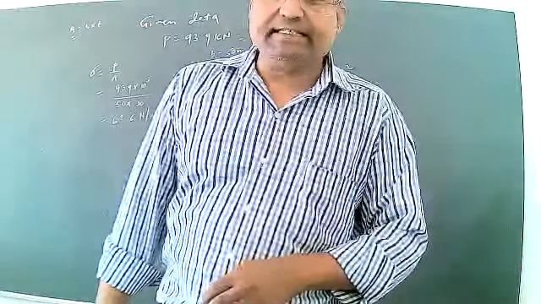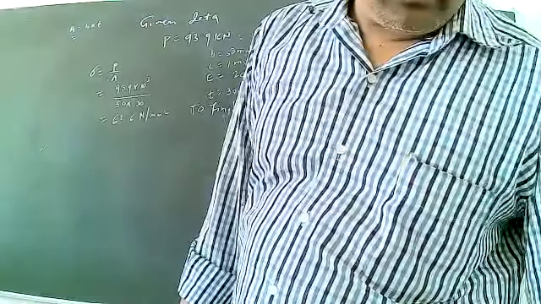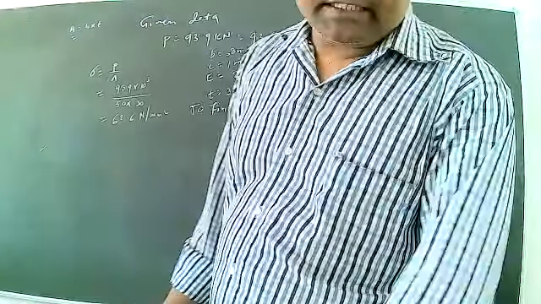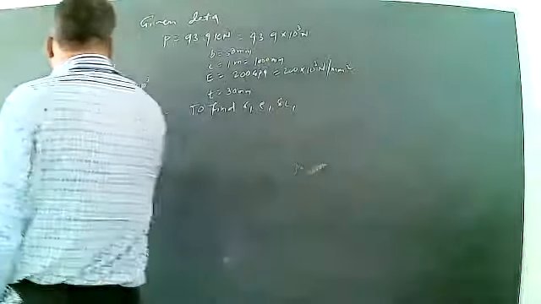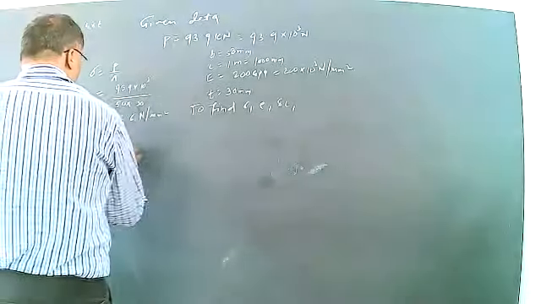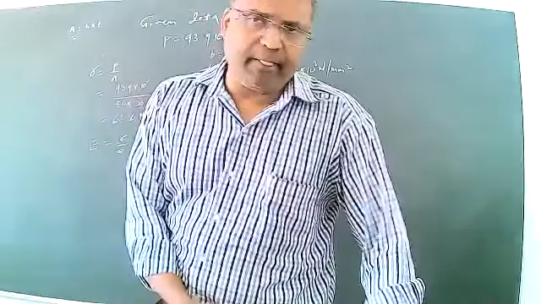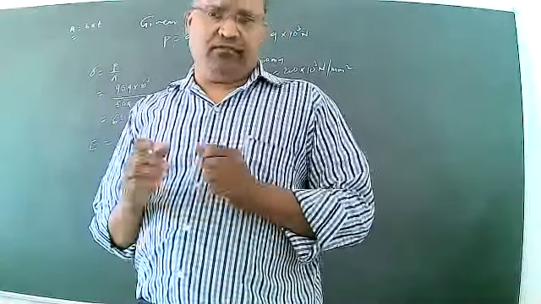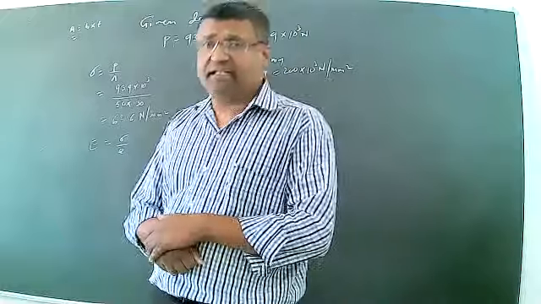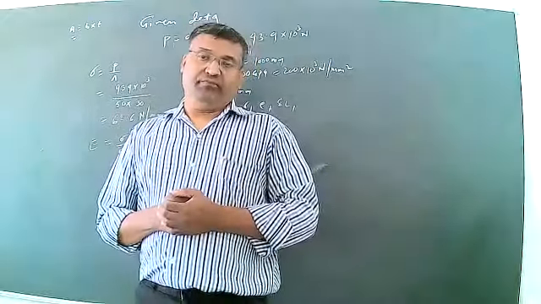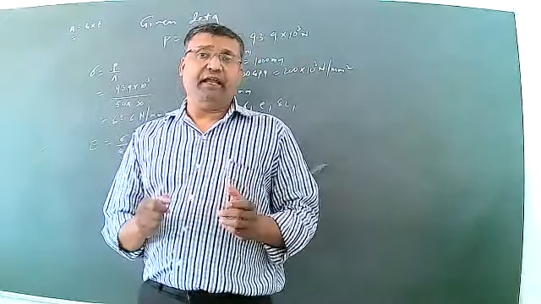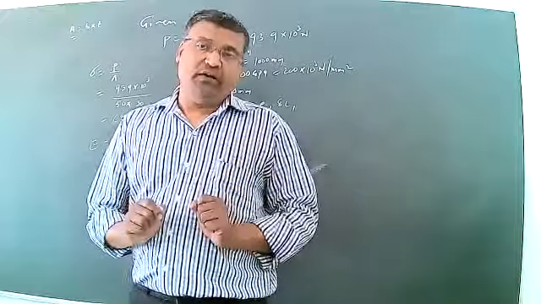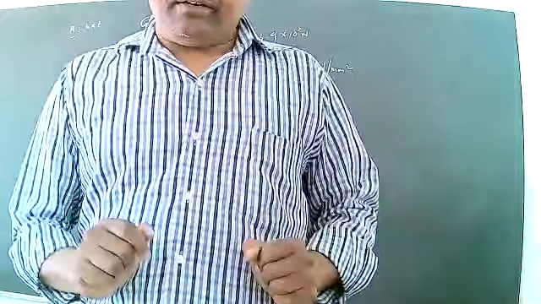Once we calculate stress, then to find the tensile strain, there is a very simple formula of Young's modulus of elasticity. The basic formula for Young's modulus of elasticity, that is E upon small e, means it is the ratio of stress to strain.